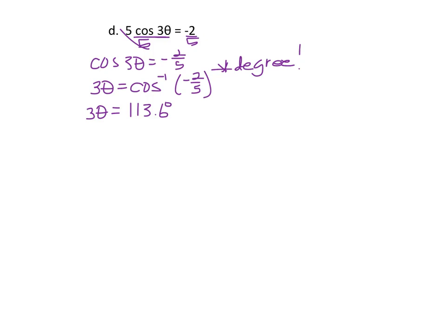Now to get cosine's second answer, we subtract that from 360. And that would give us 246.4 degrees. That means those are the two values where cosine is equal to negative 2/5. 3 theta will equal both of those.